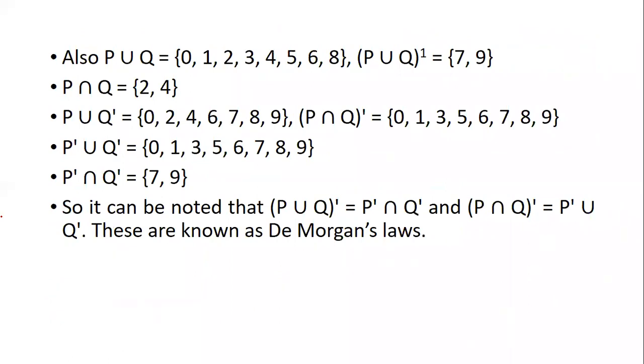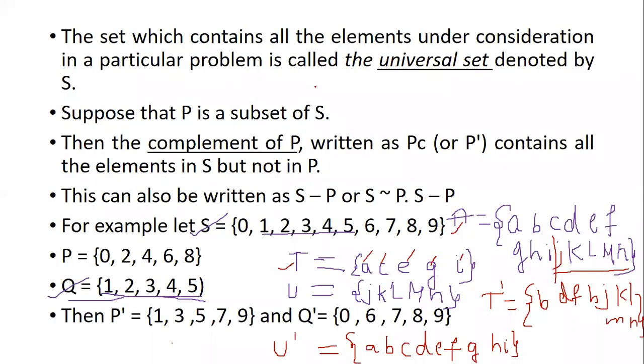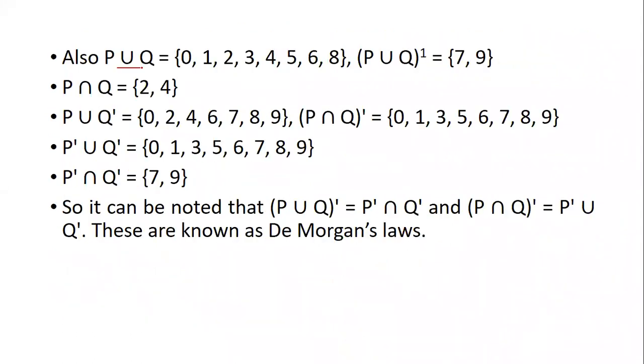Now this complement concept can be used anywhere. What we saw first is very simple, because they have given us two sets, and we are supposed to first find the complement of a particular set. This complement can also be used in the case of union and intersection, and their complements, and then you will have a formula called De Morgan's law.